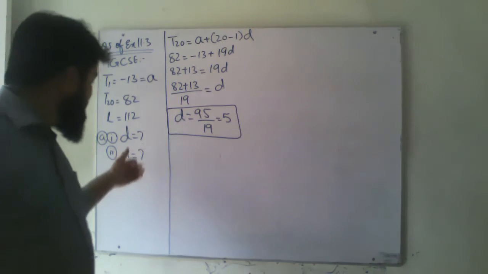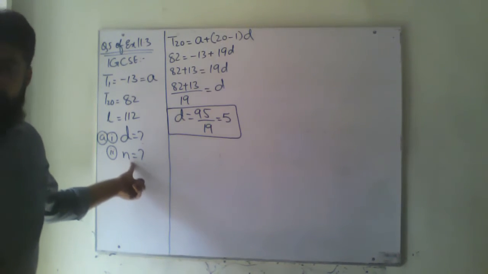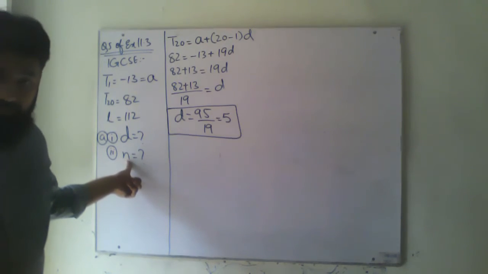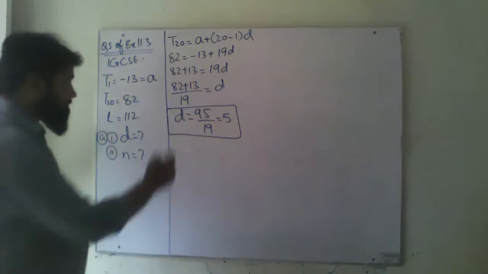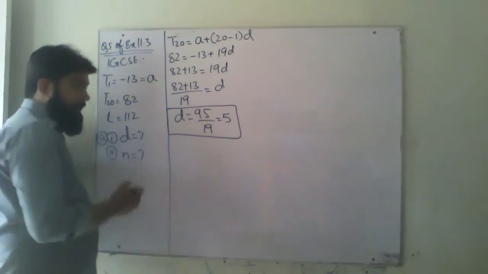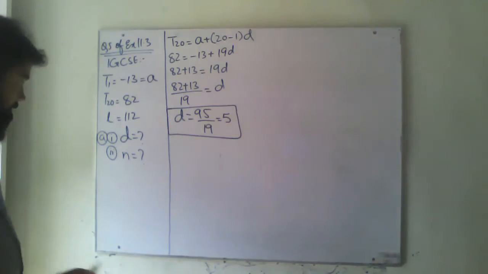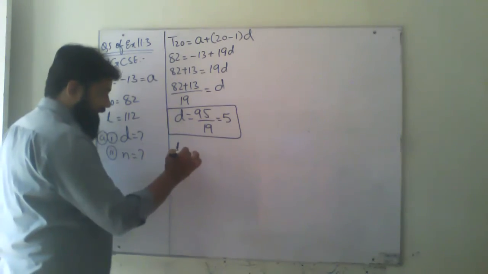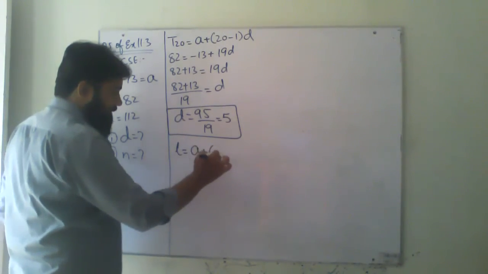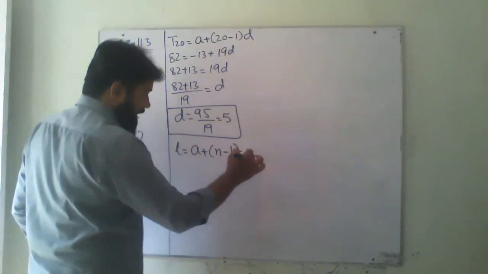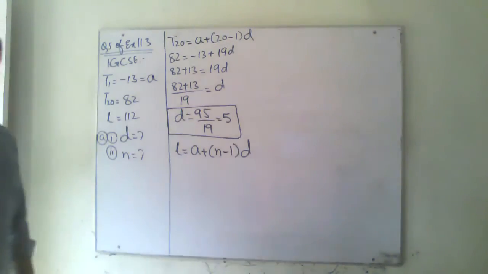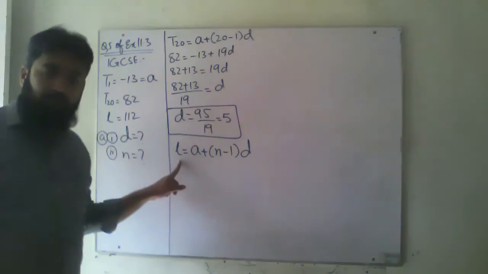Okay. Now what's the next thing they have told us to find? They have told us to find N, for the last term. Okay. So for N, what will be the formula? Last term, L equals A plus N minus 1 into D. Instead of writing Tn, I have written L over there.